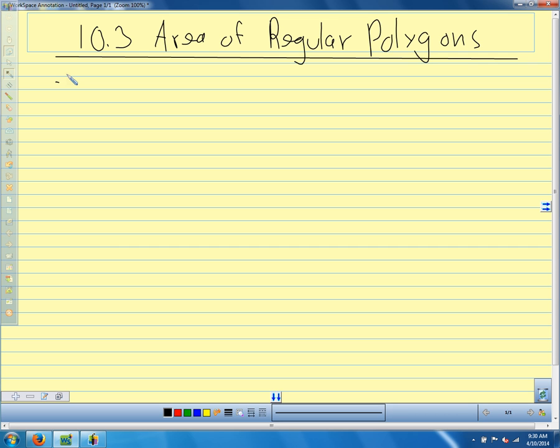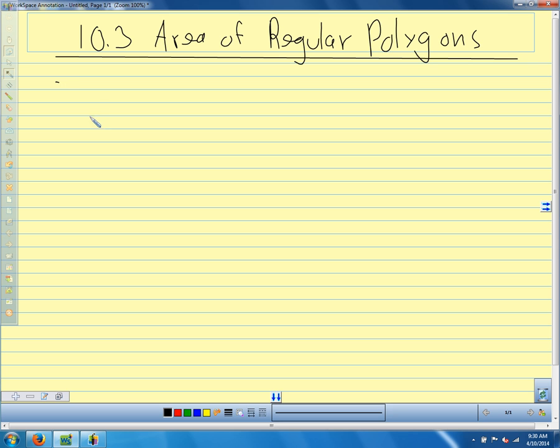So what kind of sides? So let's back up just a second. Just a polygon. What's a polygon? It has sides. Straight sides. Okay, good. Closed. It has to be closed. So a polygon is some closed figure with straight sides. So a triangle, a square, those would be polygons.